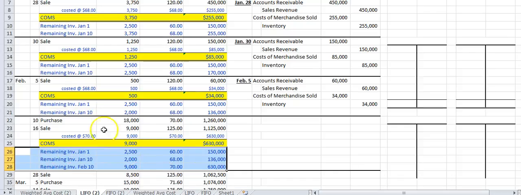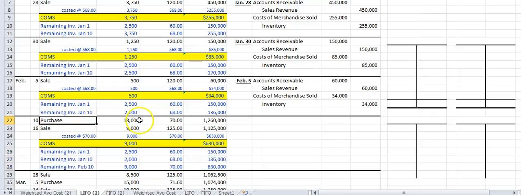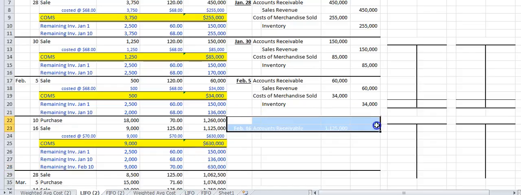It remains intact. This layer here was not touched. It remains intact down here. And of the purchase of 18,000, now we sold 9,000, and now we have 9,000 left at $70 per unit for a total layer cost of 630. That was unnecessary information anyways.